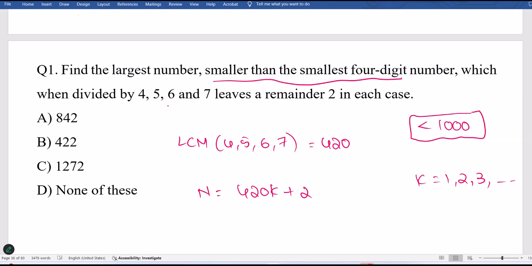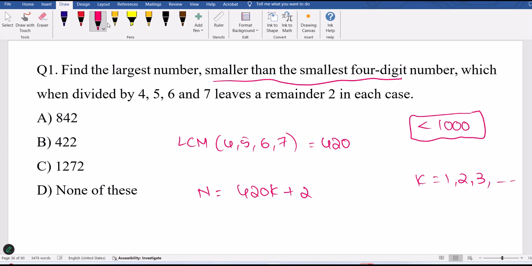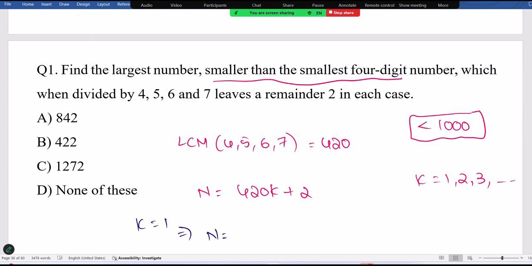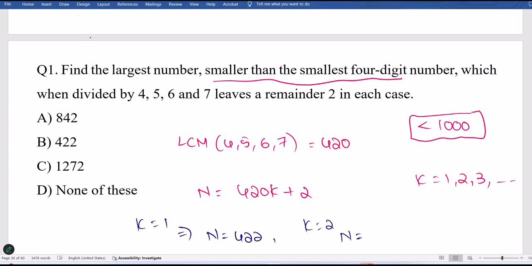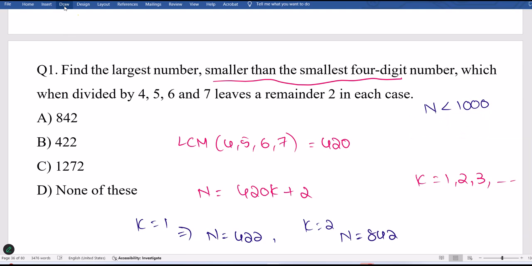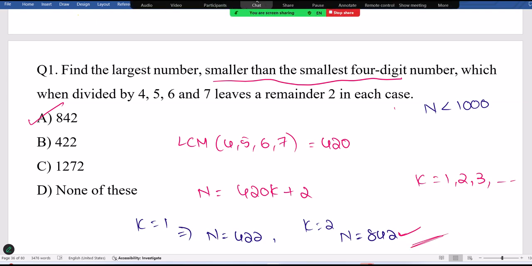If K is 1, the number is 422. If K is 2, the number is 842. K is 3 goes beyond, but they clearly mention the number must be less than 1000. So the answer is 842. Many went for 422, but the answer is 842. Understand? Okay, this is your answer. Right?